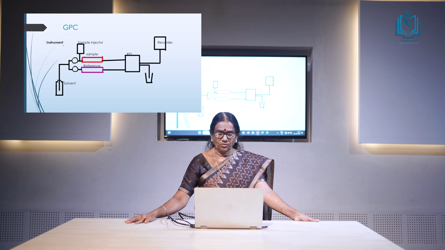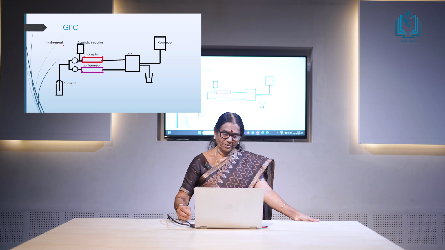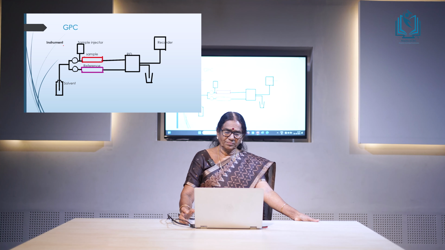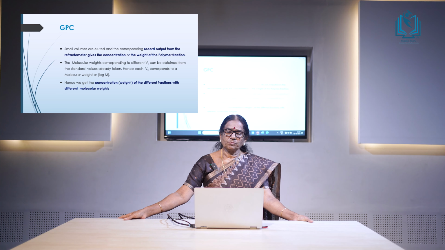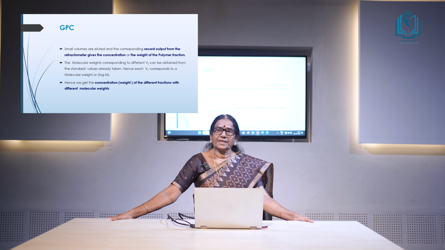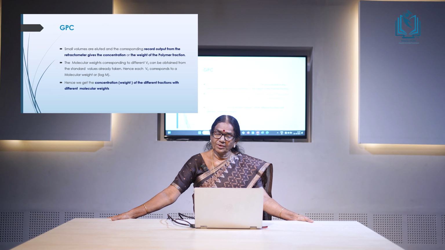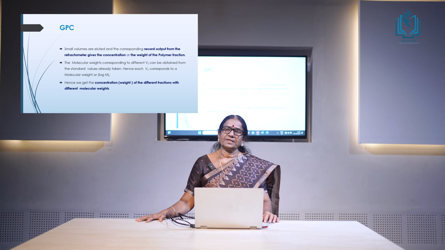There is a recorder also for recording the chromatogram. So, here we have a sample column, a reference column and a refractive index detector. Small volumes are eluted and we get the record output from the refractive index detector.